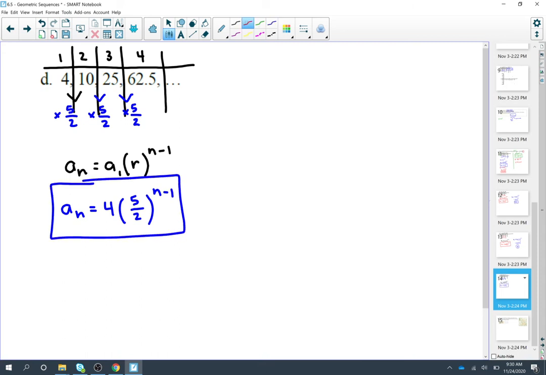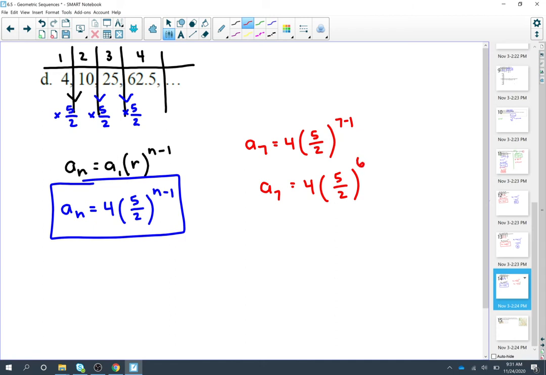Then we want the 7th number in the pattern. A sub 7 equals 4 times 5 halves to the 7 minus 1. So a sub 7 equals 4. Remember, don't multiply the whole number in the fraction. You can't do it. The only thing you can do is the 7 minus 1, which is 6.